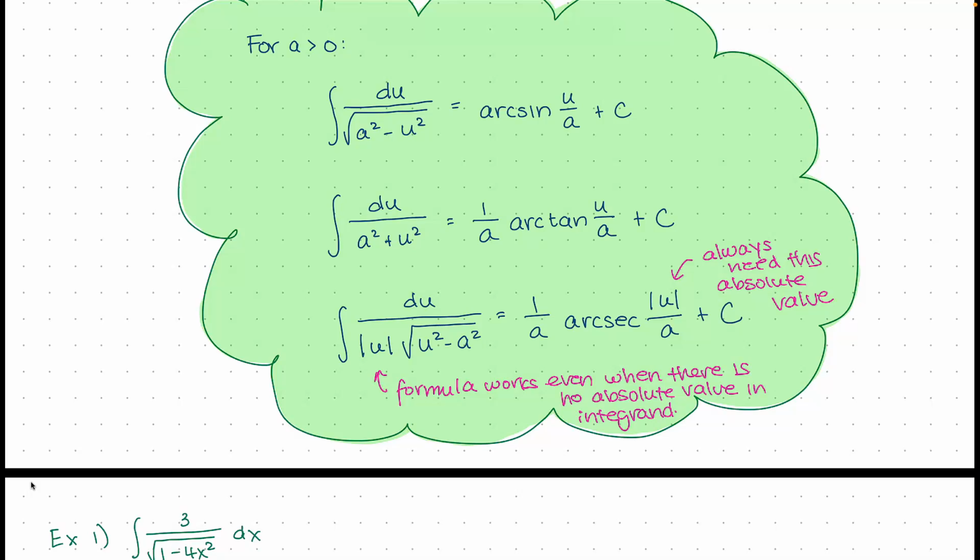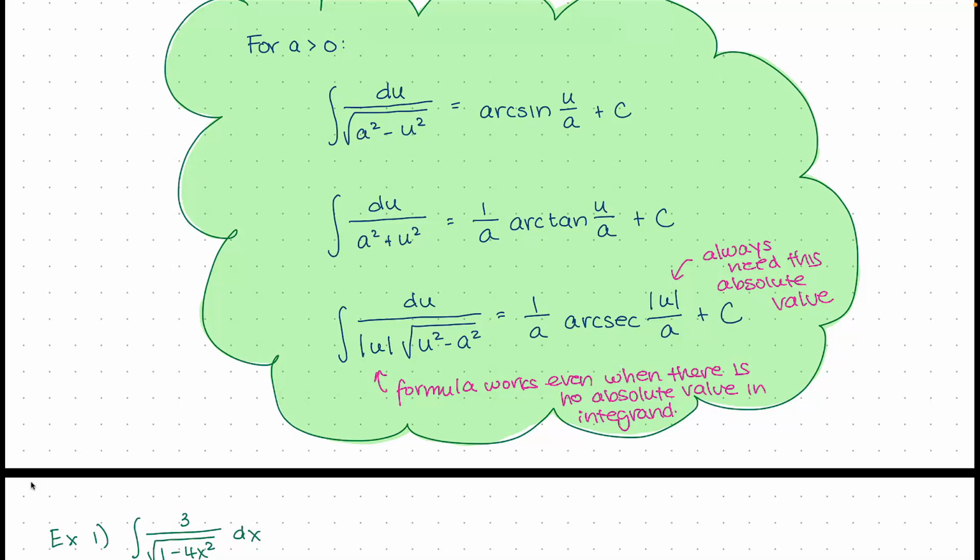When you're looking at the difference between arcsine and arcsecant, your first instinct might be that arcsecant has something outside the square root and arcsine doesn't. But that's not always true. It depends on du and all of that good stuff. So don't let that be your clue.